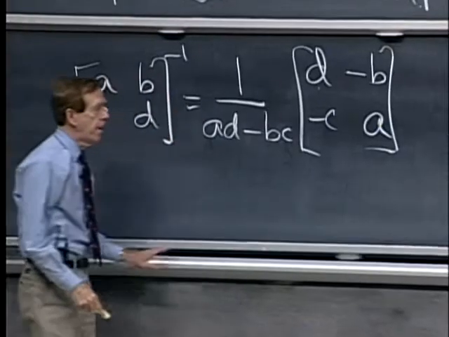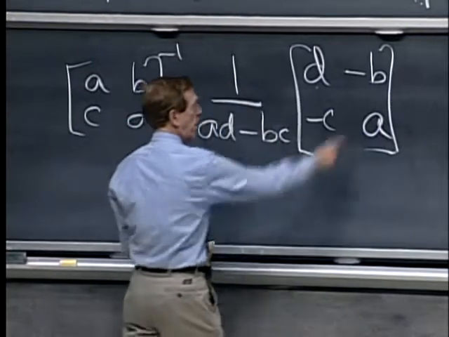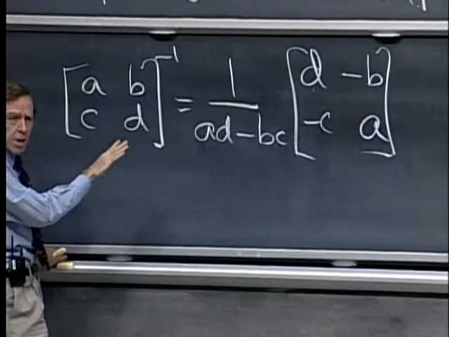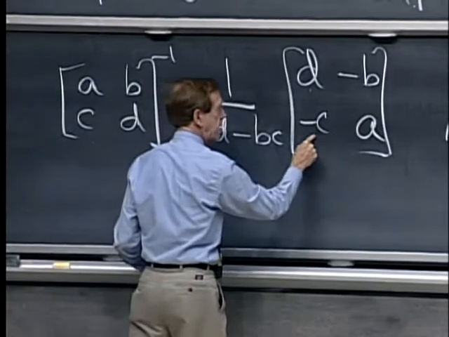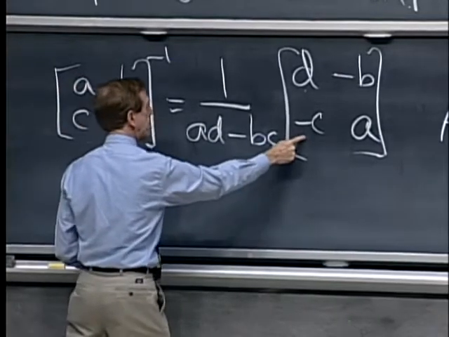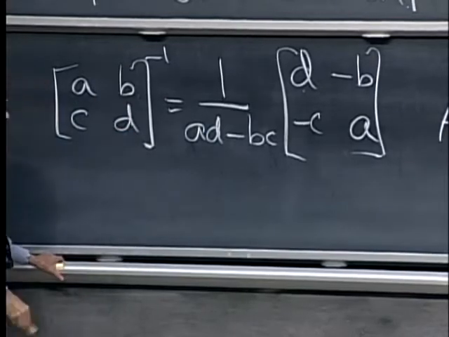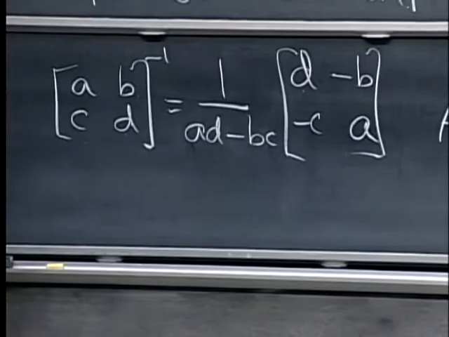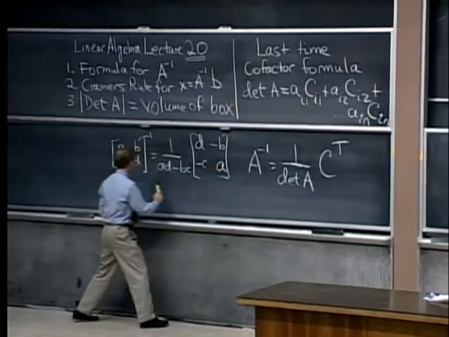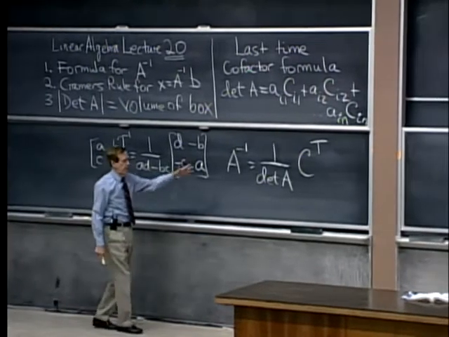It's the D. And because of the transpose, what I see up here is the cofactor of this guy down here, right? That's where the transpose came in. This is the cofactor, not of this one, because I've transposed. This is the cofactor of the B. When I throw away the B row and the B column, I'm left with C, and then I have that minus sign again. And, of course, the 2, 2 entry is the cofactor of D, and that's this A. Okay. So there's the formula.